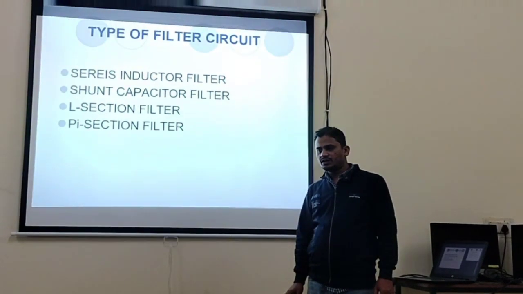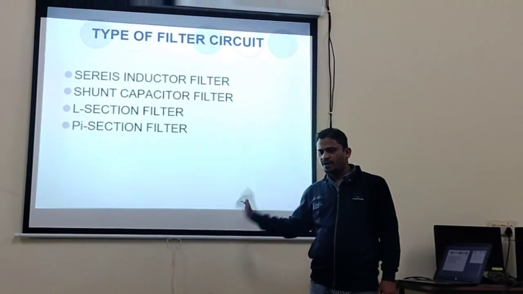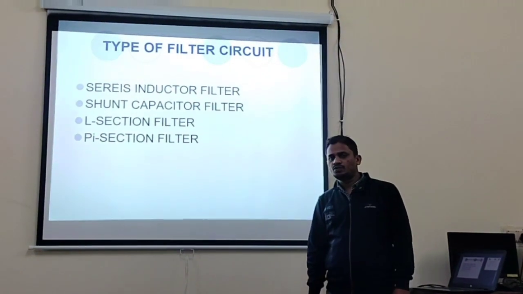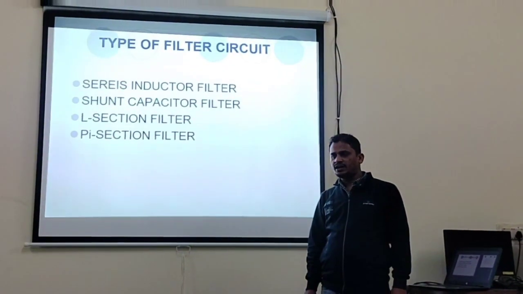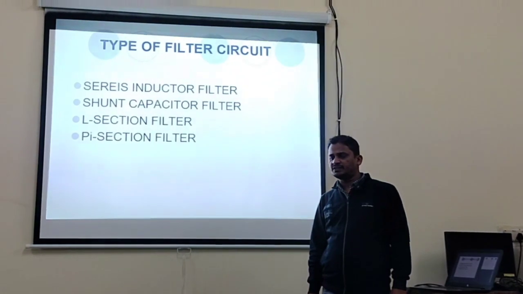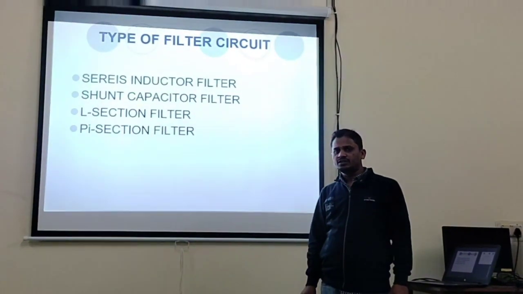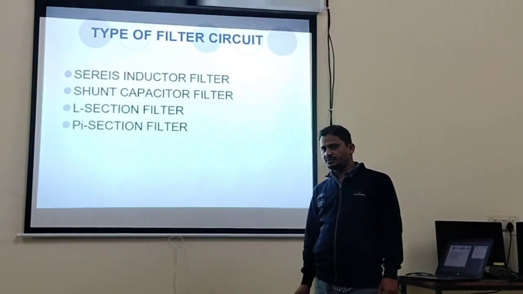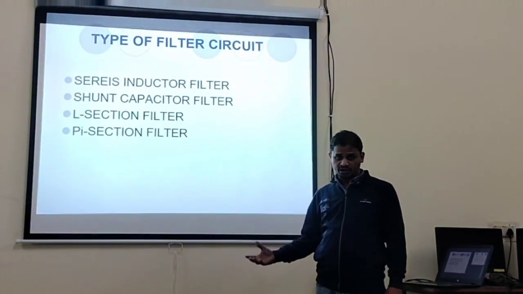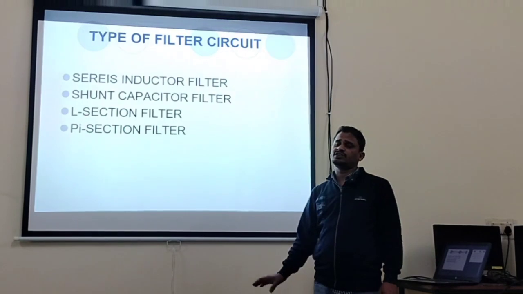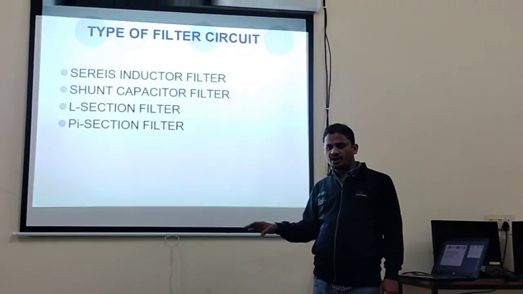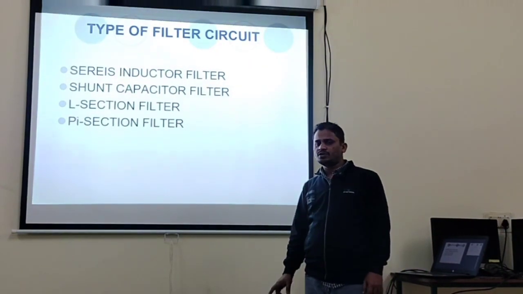The inductor provides a high reactance path to the AC component and a low reactance path to the DC component, so it rejects the AC signal and allows the DC signal. The capacitor provides a low reactance path to the AC component and a high reactance path to the DC component, so it rejects the DC signal and allows the AC signal to bypass the output.